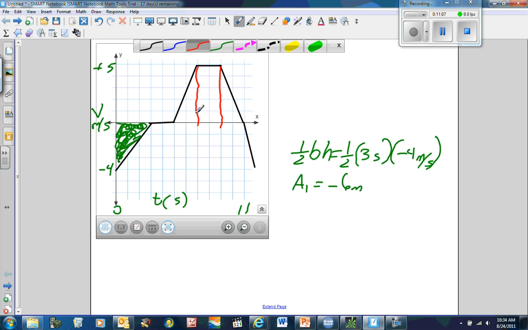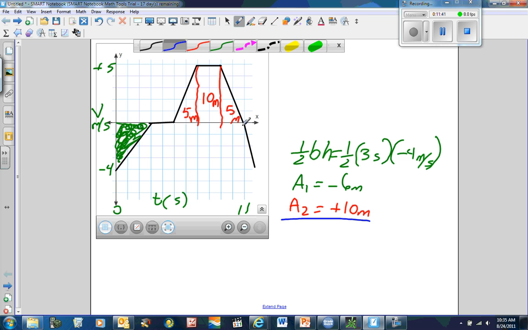Same for this, so I'm going to have 5 here. And the units on these are going to be meters, just like the green, negative area here. And then this one's going to be 2 times 5, so this is going to be 10 meters. And so the total red area, we'll call that area 2, is +10 meters.